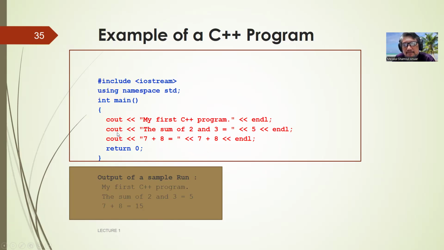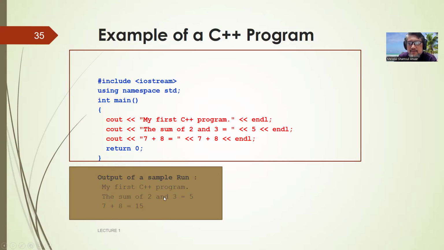Then we have cout again, pretty much the same as the first line, endl. As you run this program, you'll output this, my first C++ program.